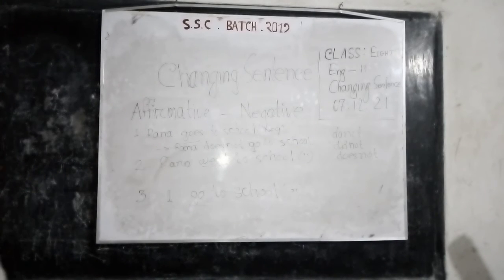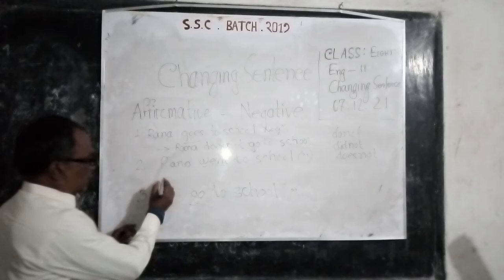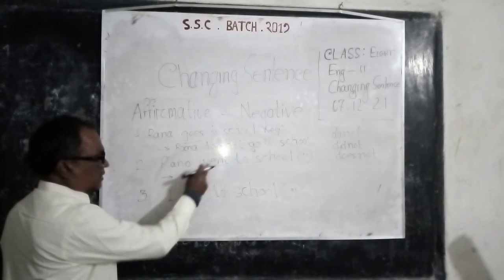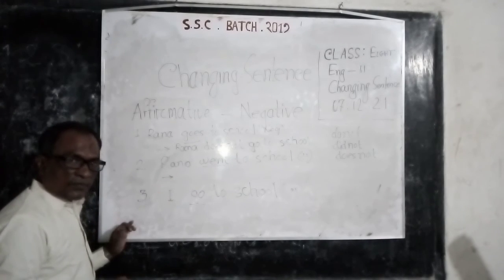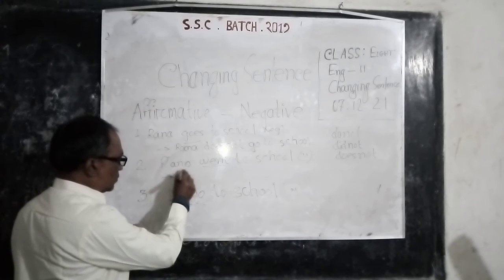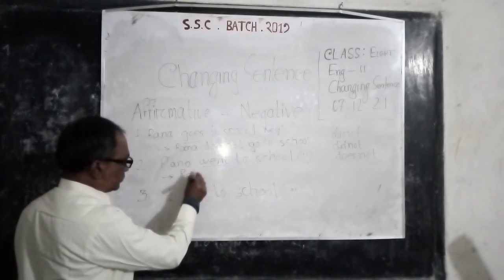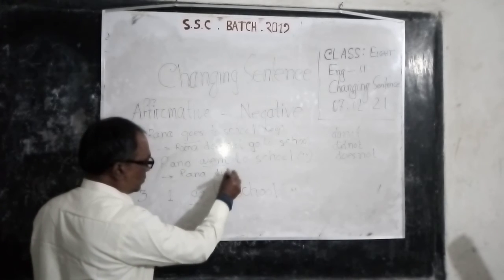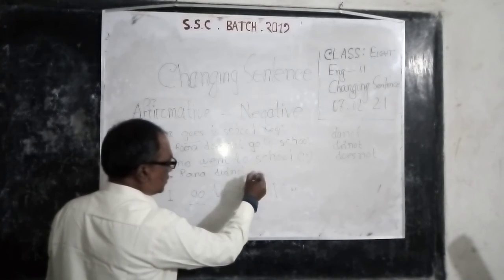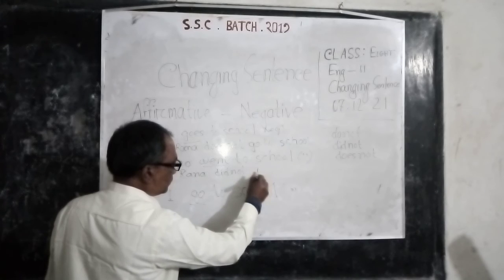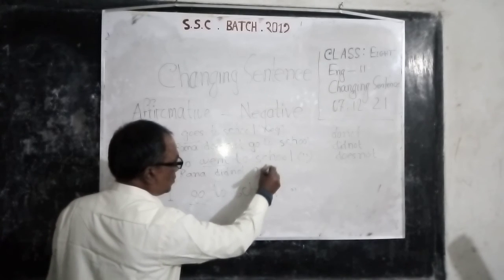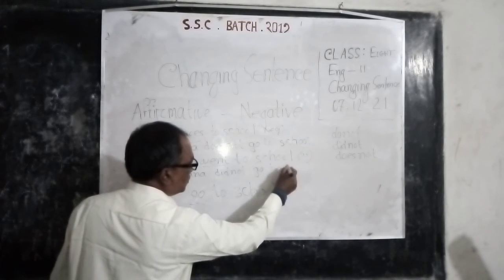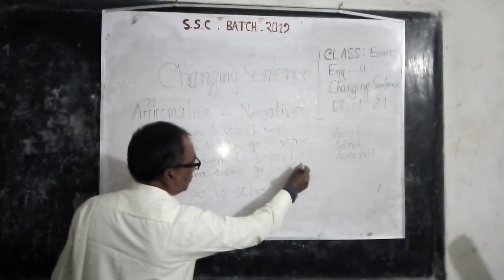Similarly, when we find the past form of verb, we use did not: Rana did not go to school.